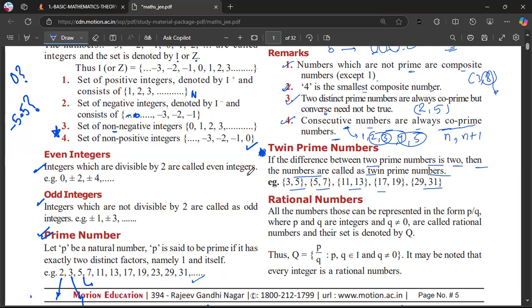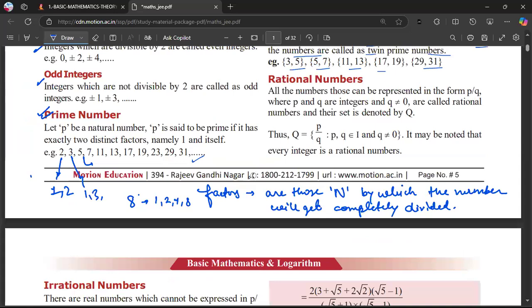I want you to note this as homework: you have to learn all the prime numbers till 100. Is there anyone who can tell me all the primes till 50?